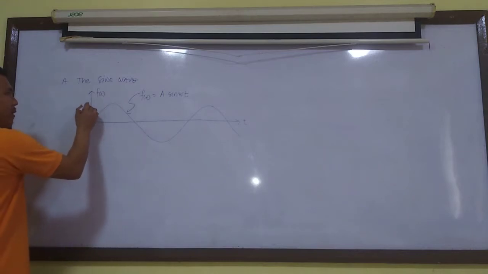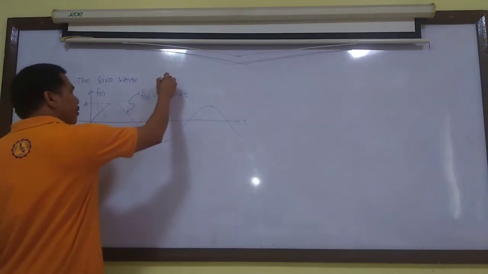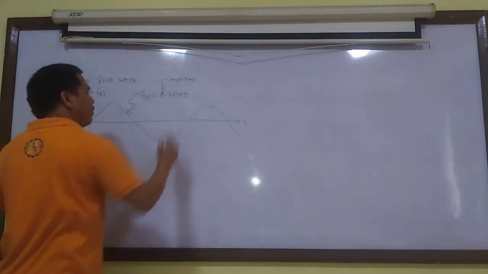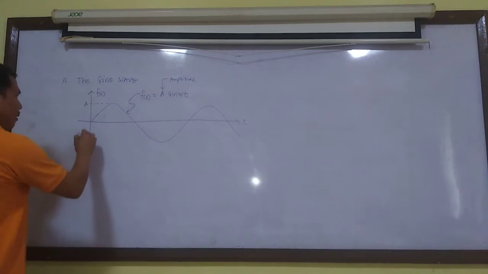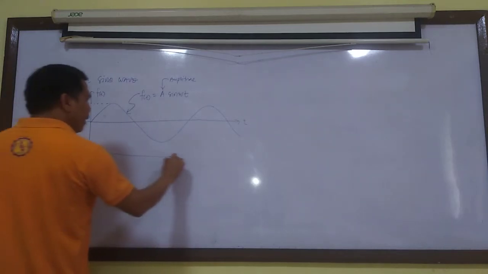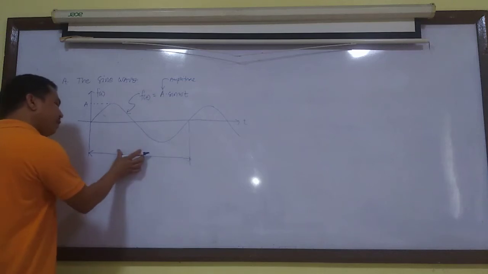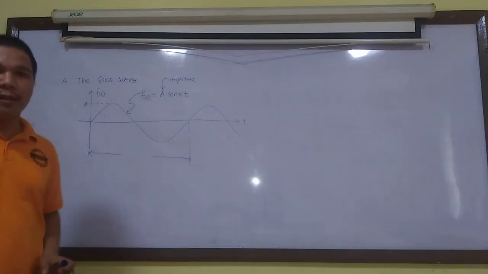Take note, A here is your amplitude of the sine. The period for your sine is the time when your function completes one cycle.